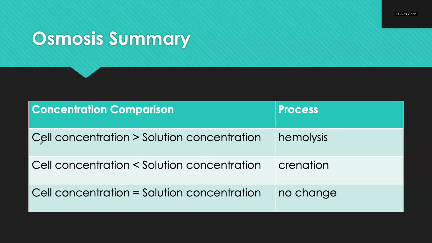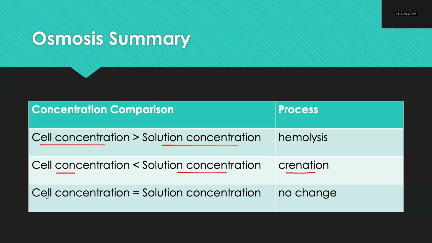So in summary, when cell concentration is greater than the solution concentration, we have hemolysis, in other words, the cell will swell and burst. When cell concentration is less than the solution concentration, the water from the cell will flow into the solution, and the cell will shrink in the process of crenation.